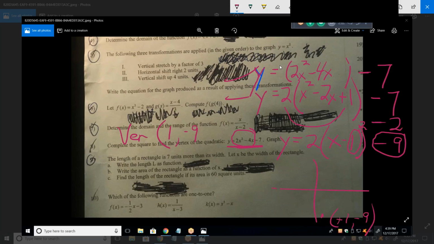I know that it opens up, but I either need to figure out where it crosses the y-axis or where it crosses the x-axis. Which one's easier? Y. Actually, that tells you where it crosses the y-axis instantly.